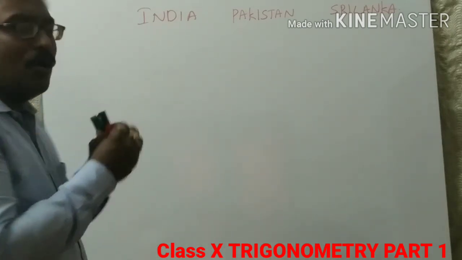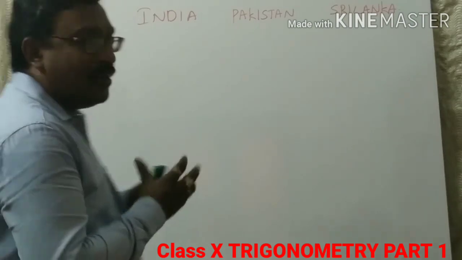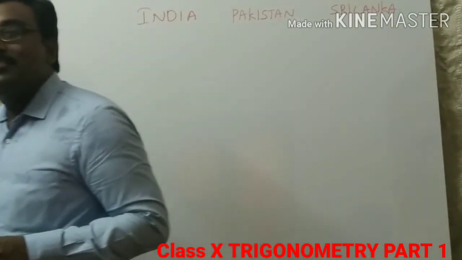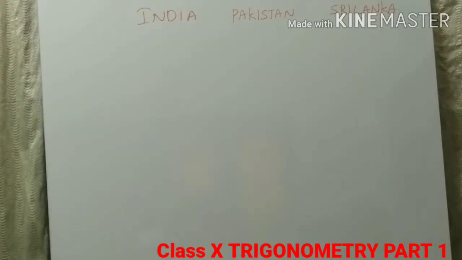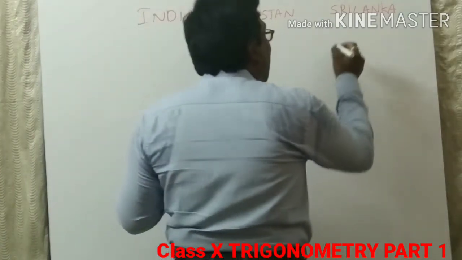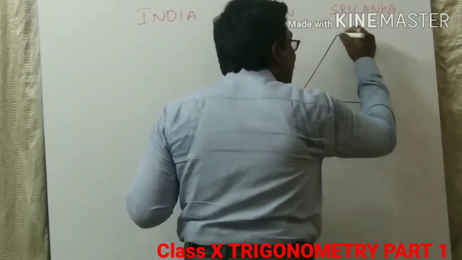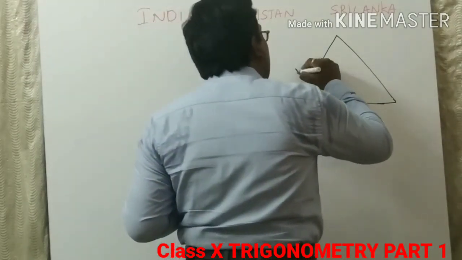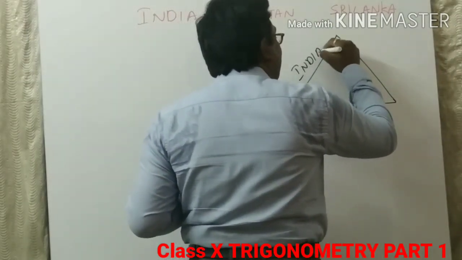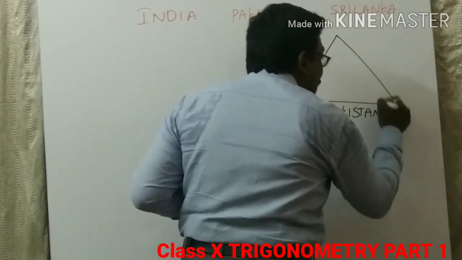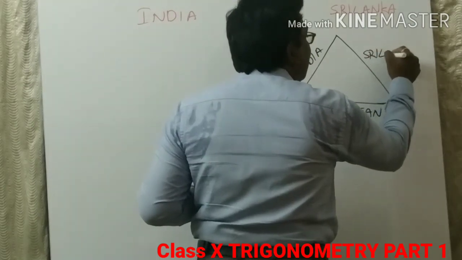So what are the possible matches we can conduct? And here I used the word triangular series. Maybe you will also listen to what is meant by a triangular series. A triangular series between three teams. Suppose here it is India, Pakistan, and here it is Sri Lanka.